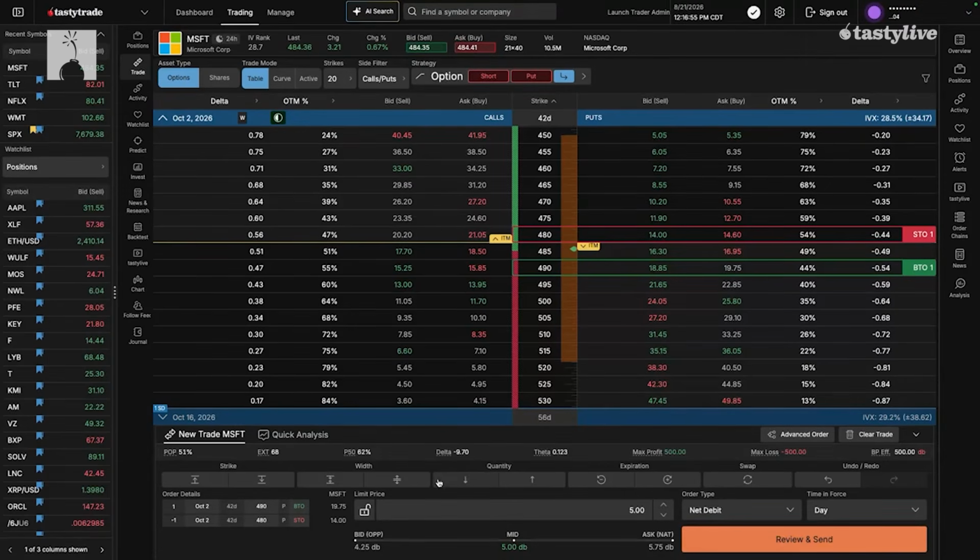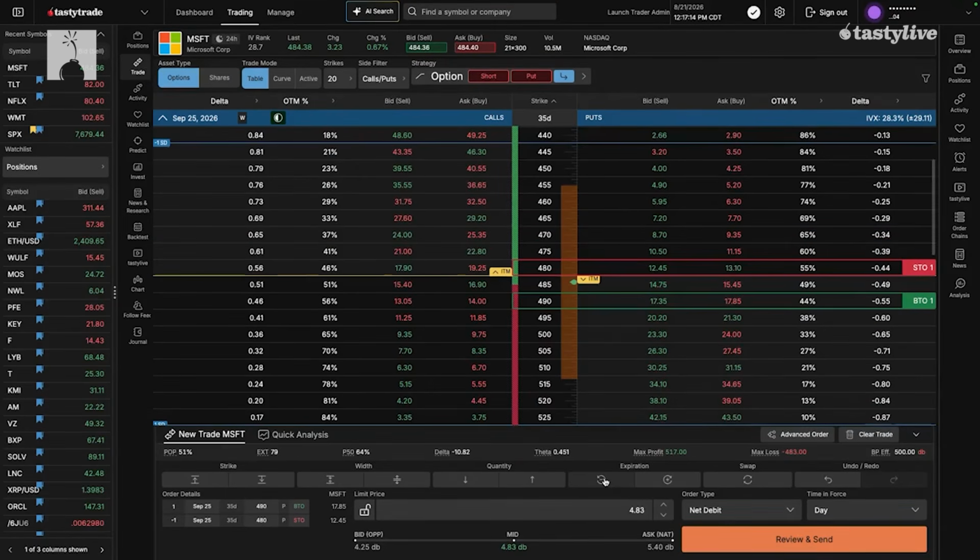Now watch what happens to this delta, to this 480, 490 put spread, as I go from 42 days to, I'm going to click this reduce expiration button, and now it puts it out to 35 days. Now it's gone up to 10. Remember, it was 9.87. Now it's 10.82.